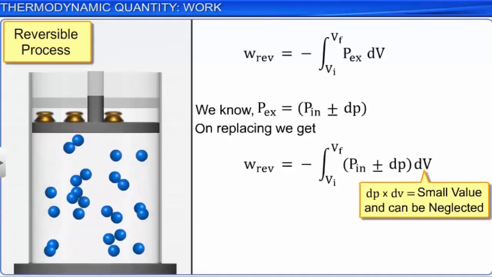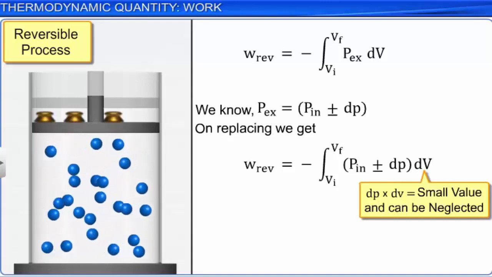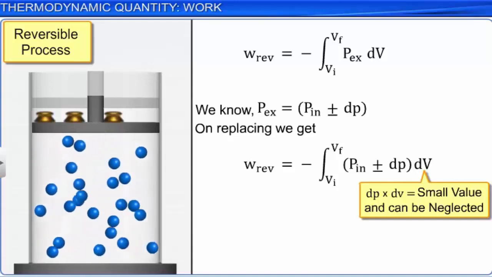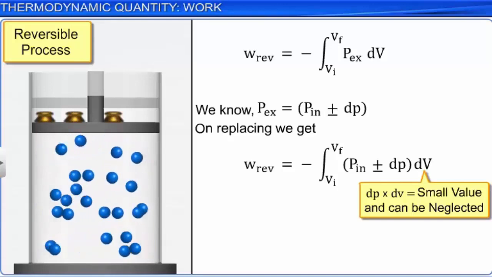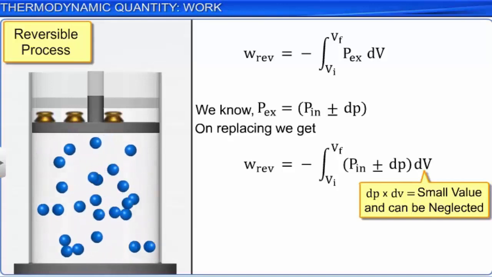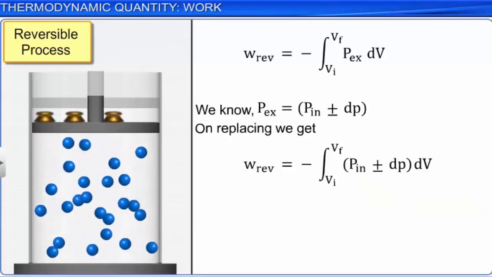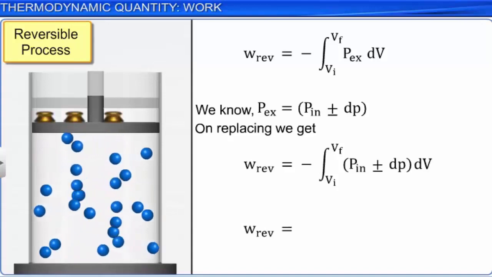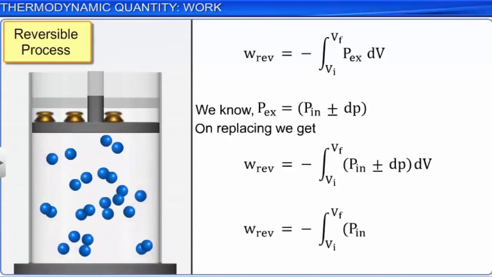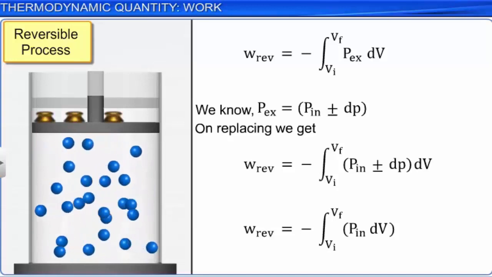Therefore, the product of dP and dV can be neglected. Hence, the final equation is reversible work equals negative integral of P_in multiplied by infinitesimal change in volume dV.